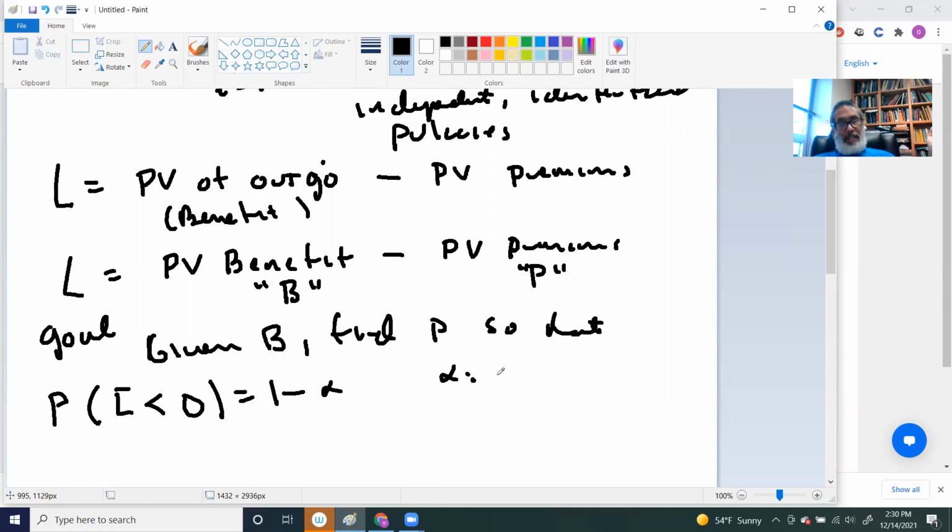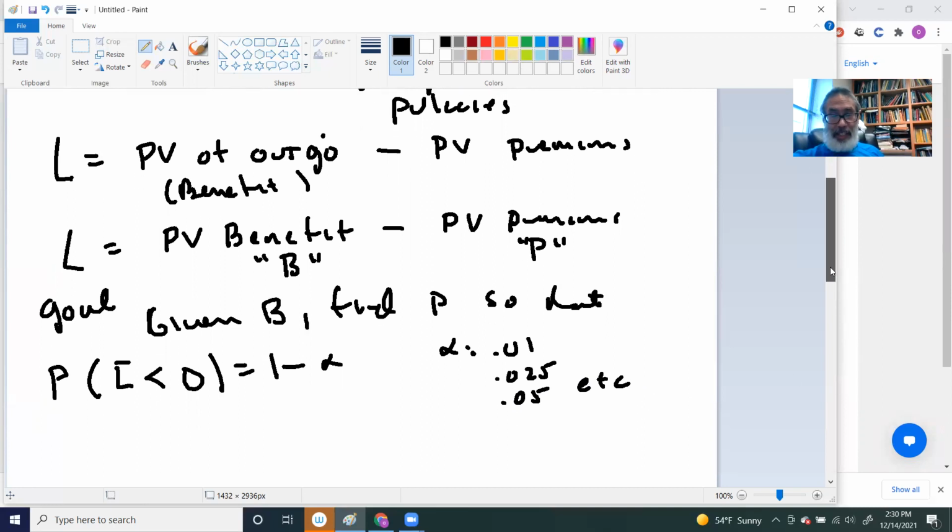And this could be things like 0.01, 0.025, 0.05, etc. Whatever the assumed risk is. So the idea is that we want to find the probability that the average of the loss is going to be negative. We want that to be sufficiently high.